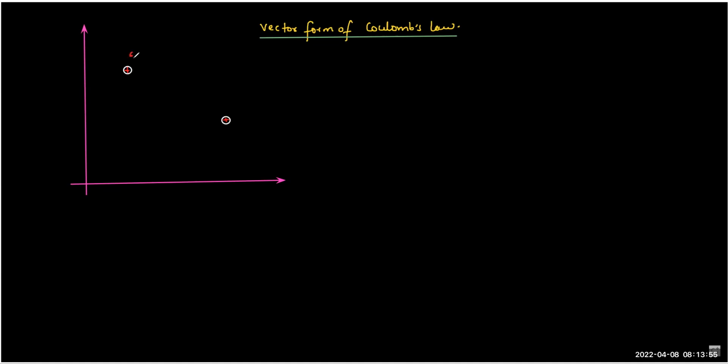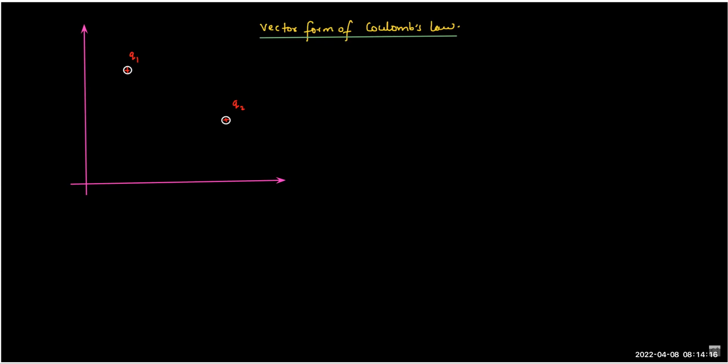One with magnitude q1 and the other with magnitude q2. So q1, q2 represent the magnitude of charges. Based on the situation, we may consider q1, q2 with sign as well. So let's say these are the charges.